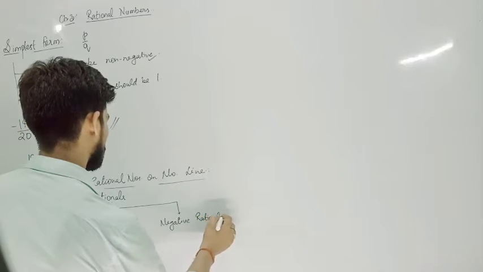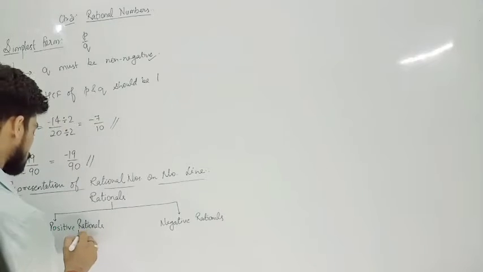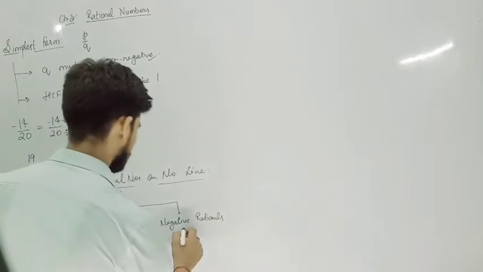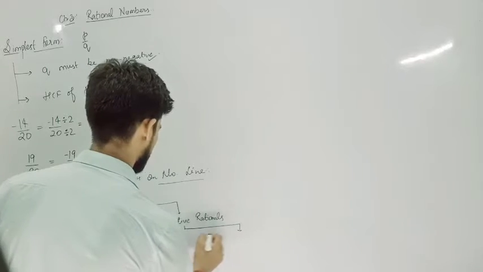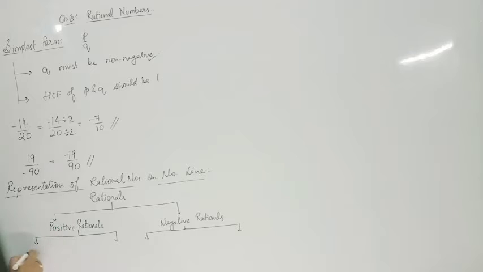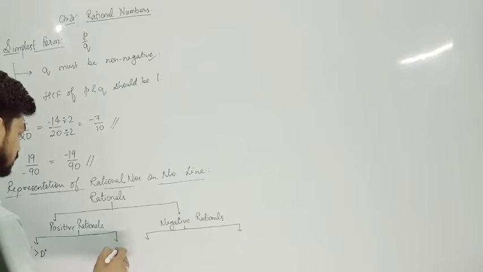Further, they can be divided into 2 more categories. I am writing numerator in short as NR. So, numerator is greater than denominator, numerator is lesser than denominator.